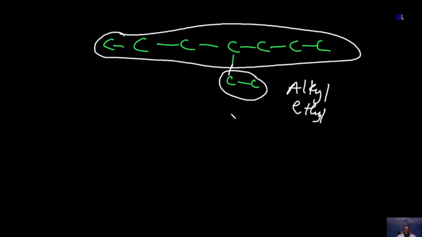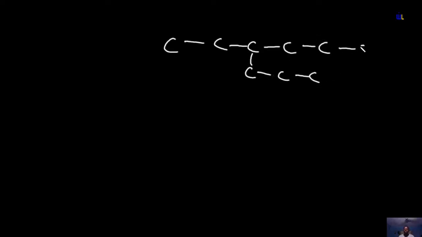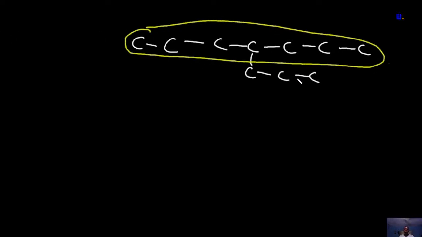Okay, putting out another example, imagine for instance you had this chain, and then you have something like this. Once you have something like this, our continuous or longest chain is going to be this, which means the substituent here, which is this guy.